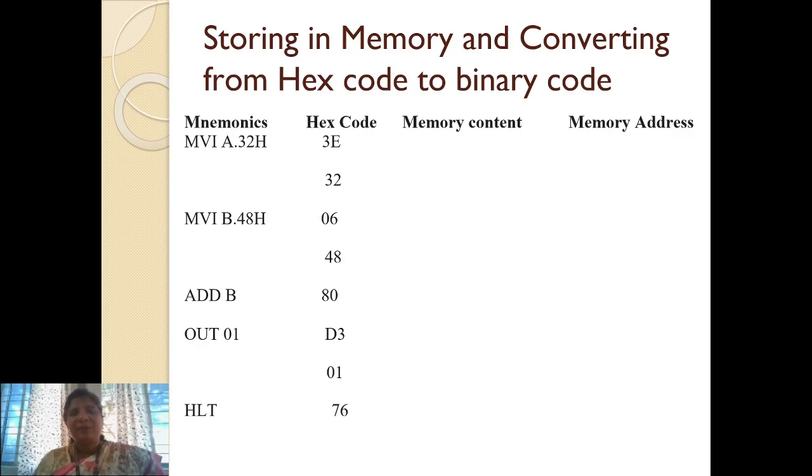Next is storing in memory and converting from hex code to binary code. So already we listed the mnemonics in terms of hex code. To store the program in the read-write memory of a single board microcomputer and display the output, we need to know the memory addresses and the output port address.